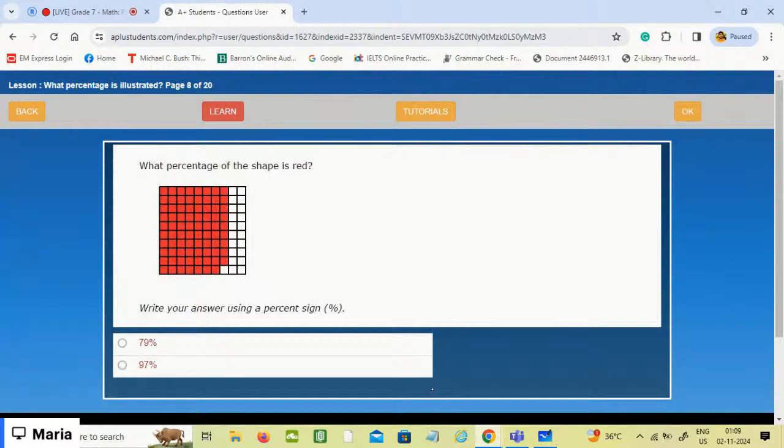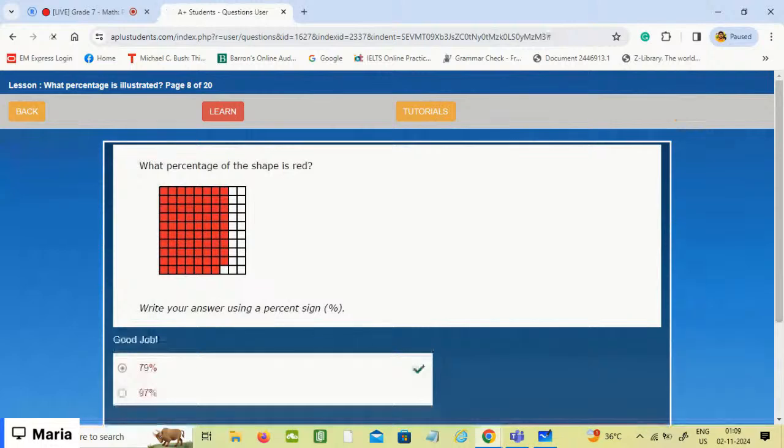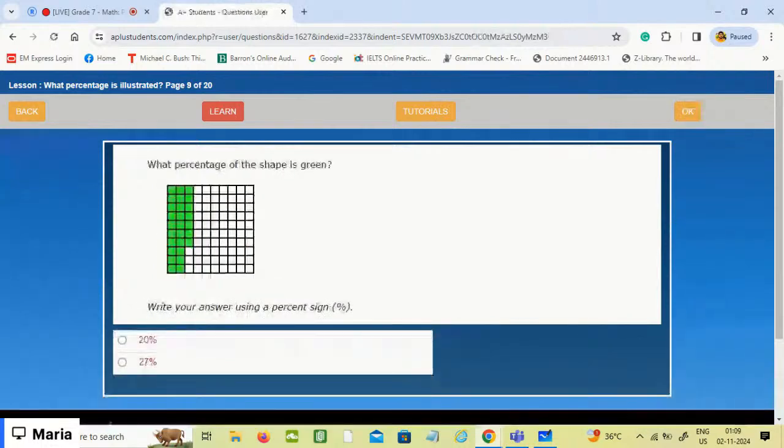That is 79%. Option number 1 is the correct option. What percentage of the shape is green? Which is the correct option? 27% it is. Option number 2 is the correct option.